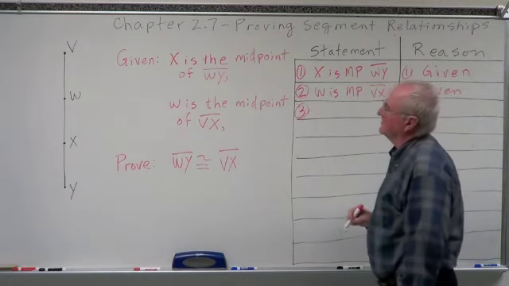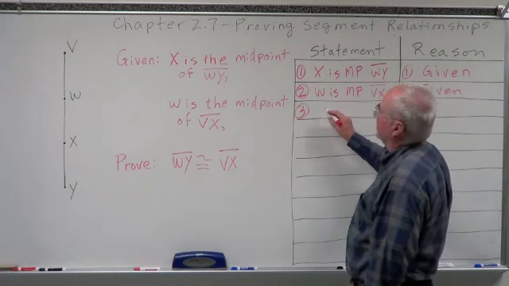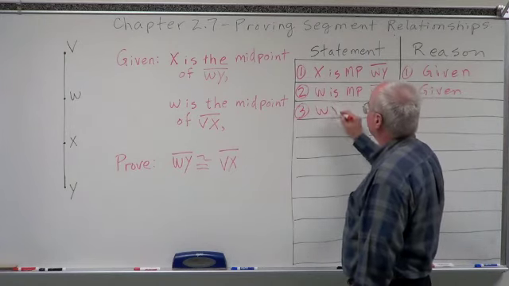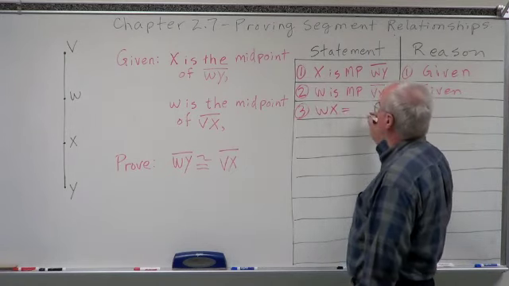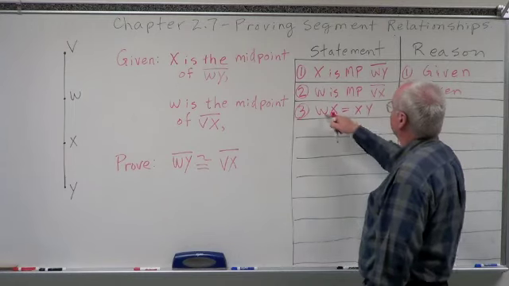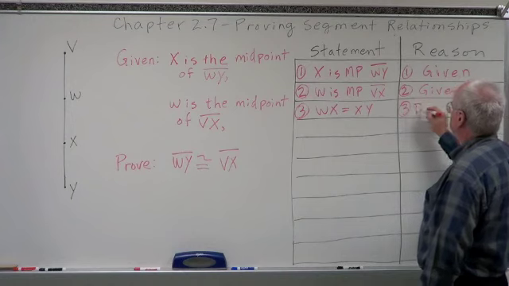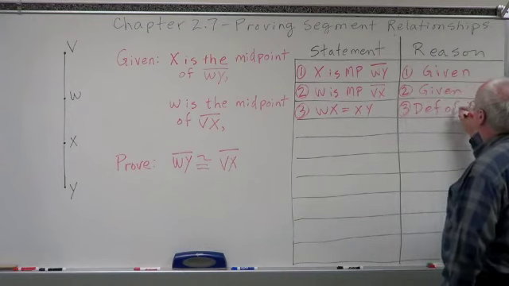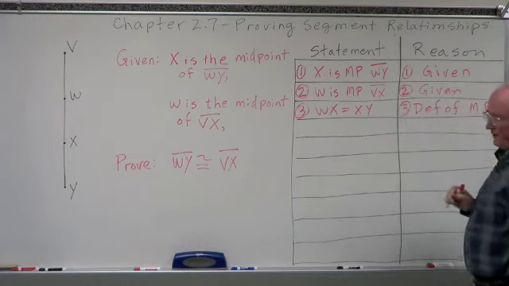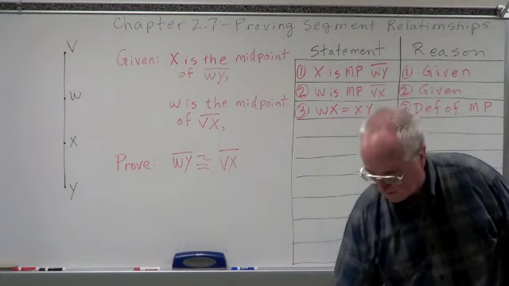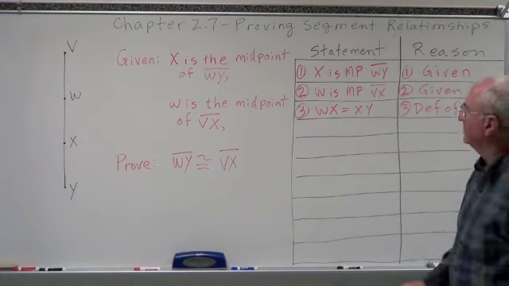Okay? Now, what can we say about this whole thing because X is the midpoint of WY? Well, because it is the midpoint, we know that WX equals XY. The measurement of WX equals XY, definition of midpoint. Pretty simple.